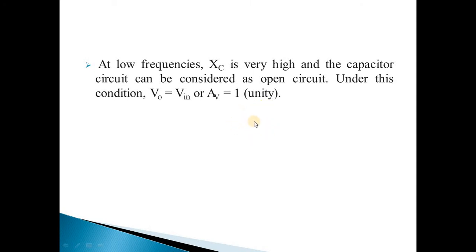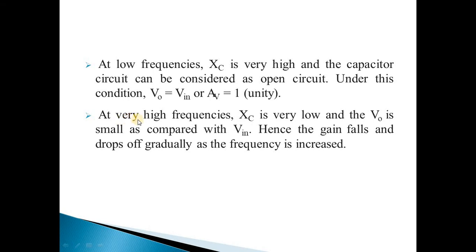Input is given to the resistor and output is taken across the capacitor, and when lower frequencies are applied, capacitive reactance will be very high and therefore it acts as an open circuit, and due to the open circuit output voltage will be equal to the input voltage, or voltage gain will be equal to 1 or unity. But at very high frequencies capacitive reactance is very low and the output voltage is small as compared with input voltage, and hence the gain falls and drops off gradually as the frequencies increase.